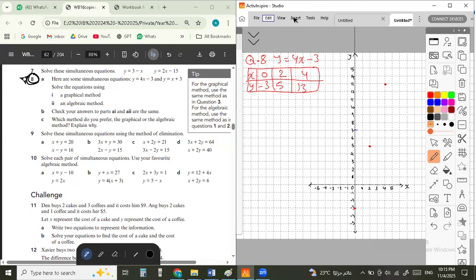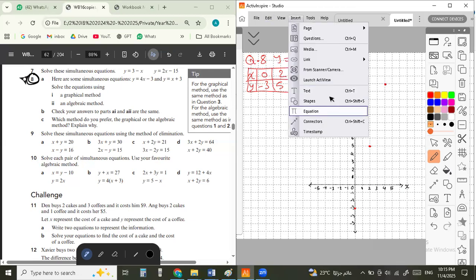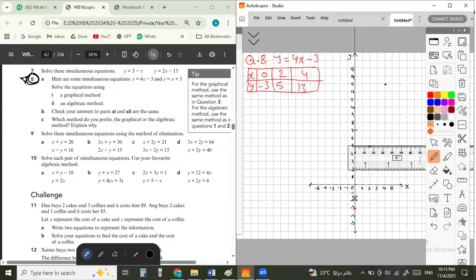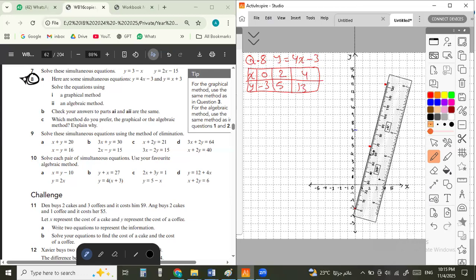Then I'm going to use the ruler and connect them. Here you go. As we agreed, things are going to be much better using your own ruler, a real ruler. And here.